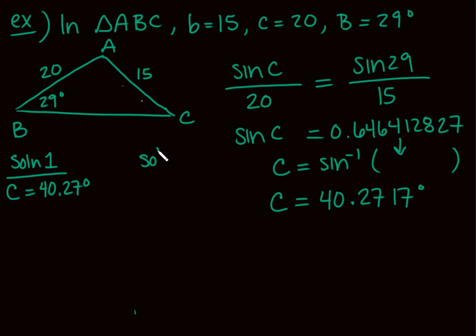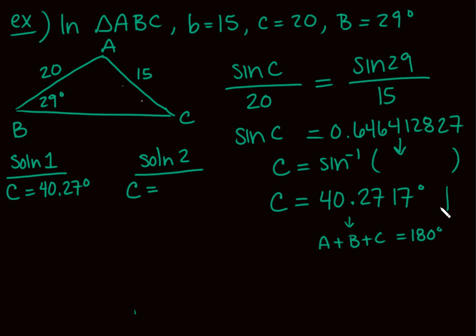And then solution 2. Well, I told you there were going to be two solutions. So how do I know there are going to be two solutions? Well, I know A plus B plus C must equal 180, right? So I know this 40 is going to be fine. If I add 40 to 29, I get a number that's less than 180, so I will be able to find A. But what is my other possibility for C?